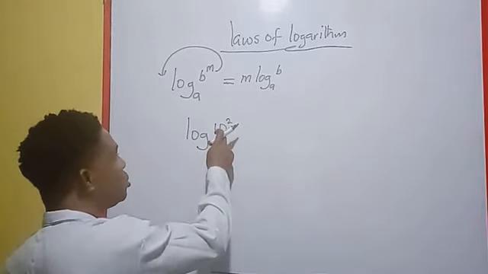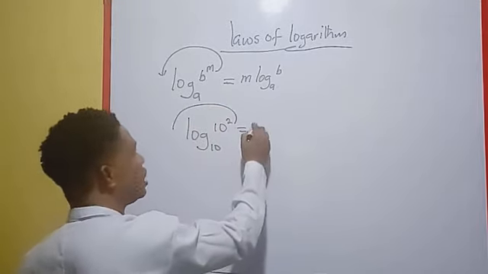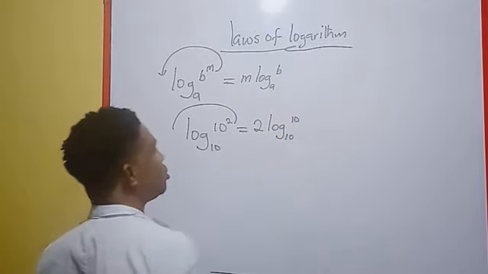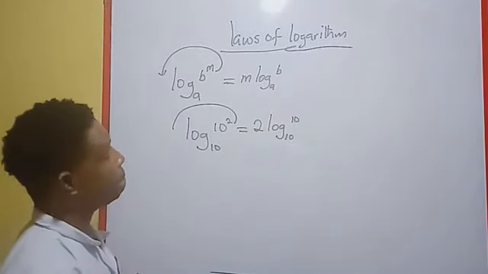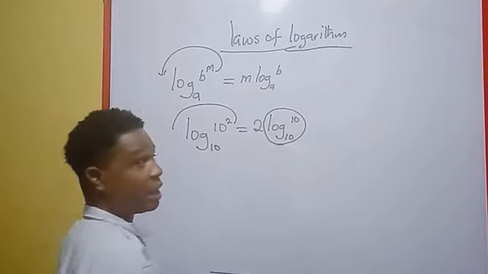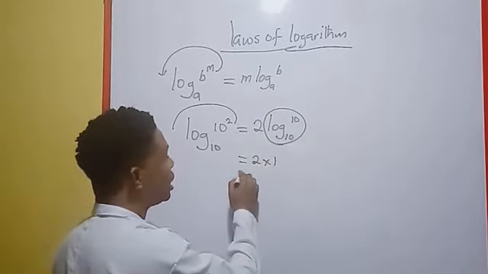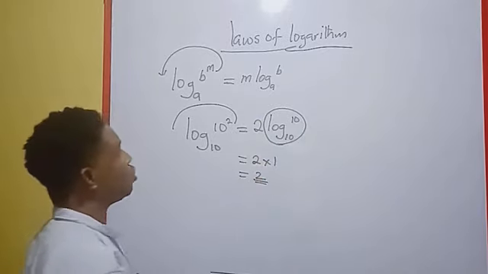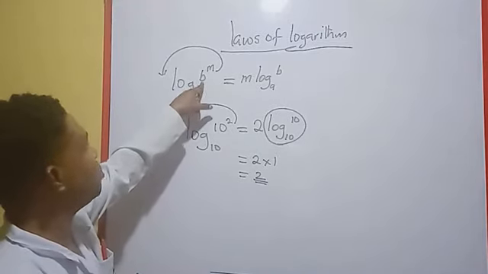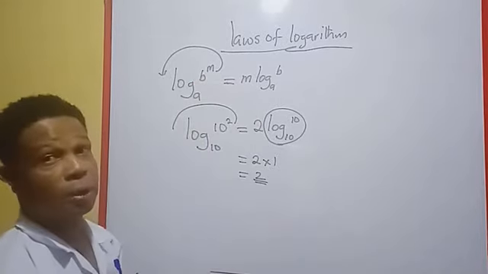Because the power is raised to power, you transfer this 2 to the other side. So it becomes 2 log 10 raised to power 10. Of course, you know this will give us 1 based on the first law I gave you just now. So it will now become 2 times 1, and it's equal to 2. So anytime you see log to base A raised to power B and the B is raised to power M, you apply this to proceed further.